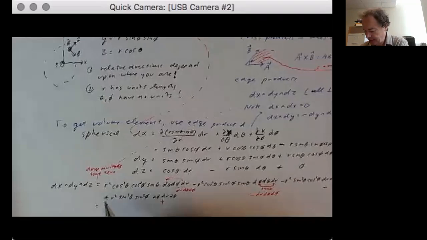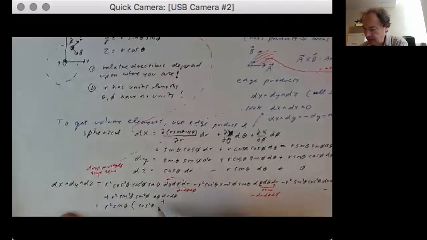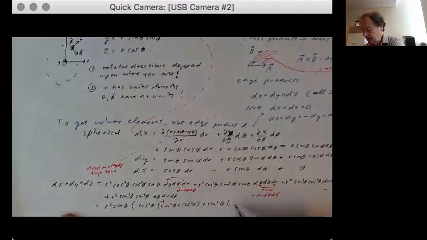And I also pull out in the front an r squared sine theta, which is common to all of them. And I get a cosine squared theta, and I'll collect the terms that went with that. It's a sine squared phi plus cosine squared phi. And then I have to add on a sine squared theta, and I collected the terms that went with that. It is a cosine squared phi plus a sine squared phi.